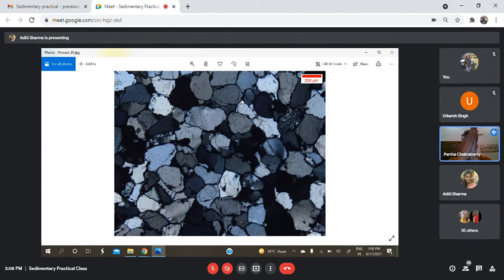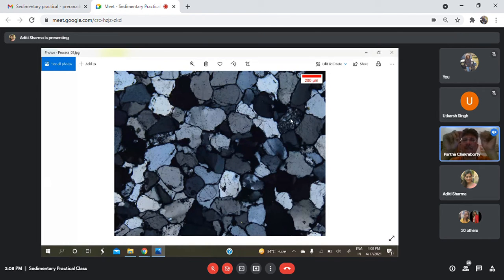The grains should be in contact with one another. That is there. The grains should be of high roundness and sphericity. That is also there. And all the grains are of quartz. So mineralogical maturity, here exactly that is being shown, except for a very few lithic fragments.